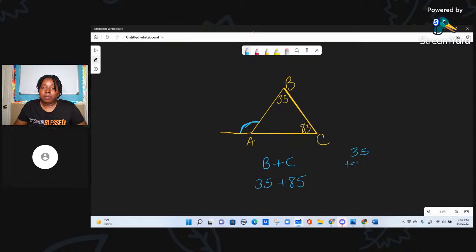What's 5 plus 5? 10. Good. And what's 1 plus 3? 4. Plus 8? 12. Good. And so that exterior angle is going to be 120. What will the interior angle be? What is angle A?